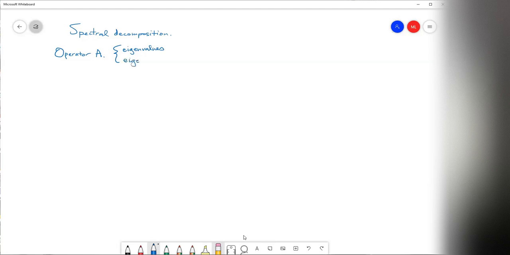Presumably you've seen this in linear algebra at some point, or in math methods. But in Dirac notation, what is that? So E for eigen, you find the set of vectors for which A acting on phi gives you back a number, in general some complex number, times the vector itself.